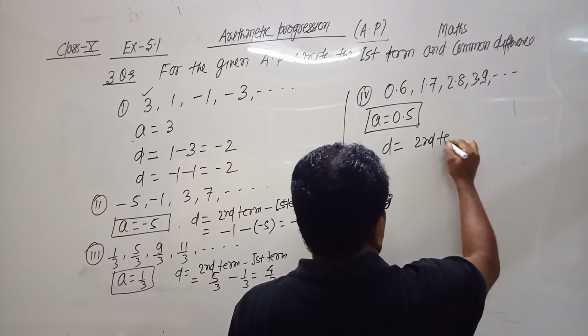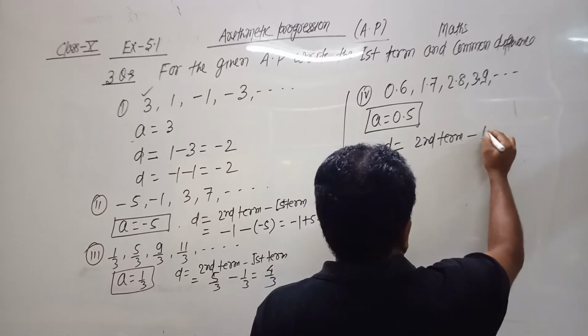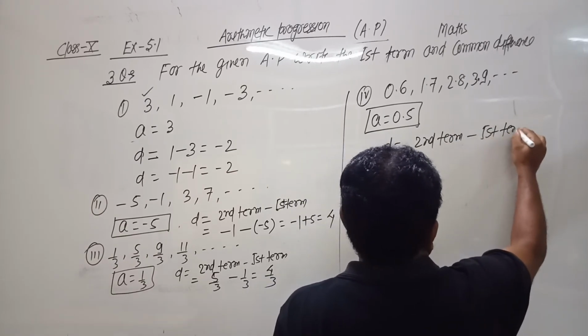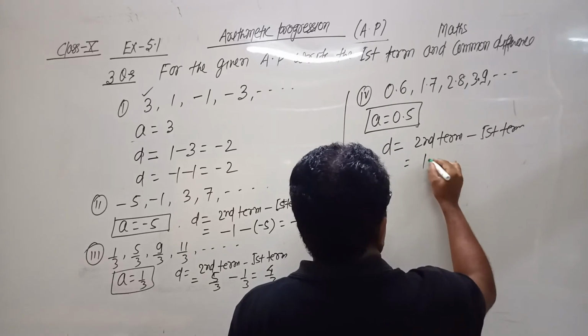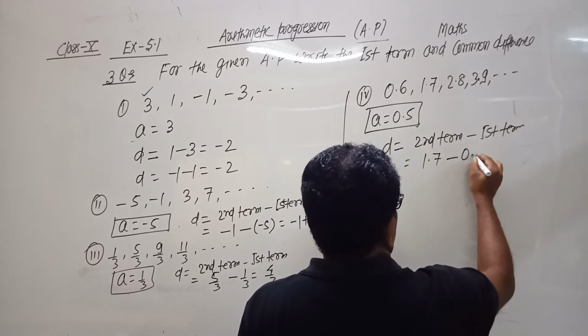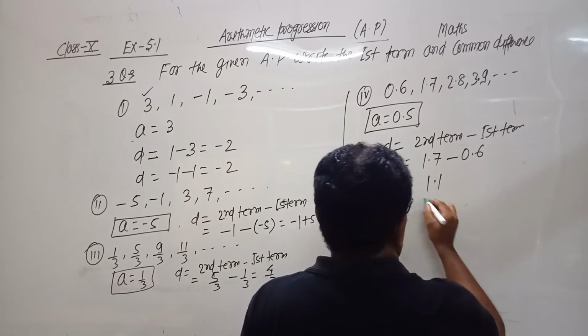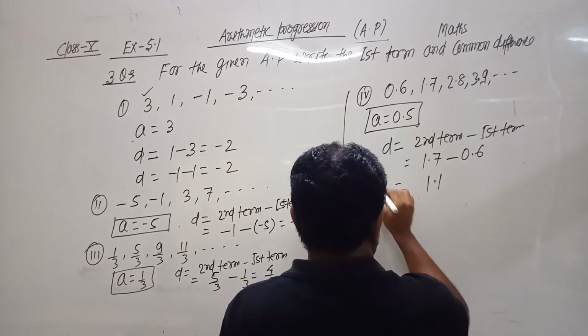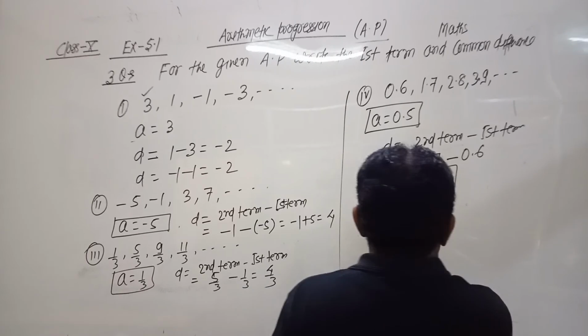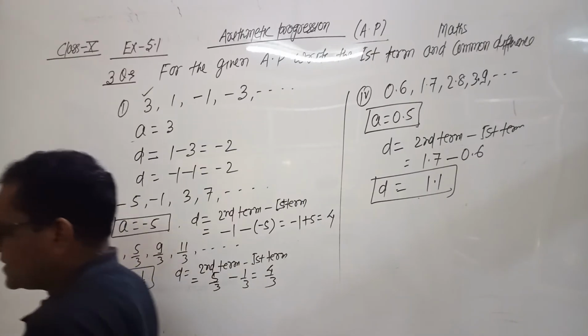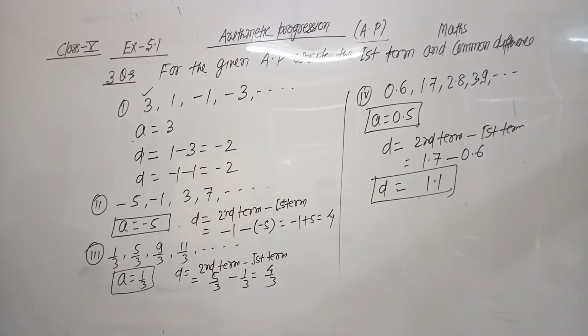So second term minus first term: the second term is 1.7, the first term is 0.6, so we get 1.1. This is the common difference, B equals 1.1. Subtracting the first term from the second term, we get the common difference.